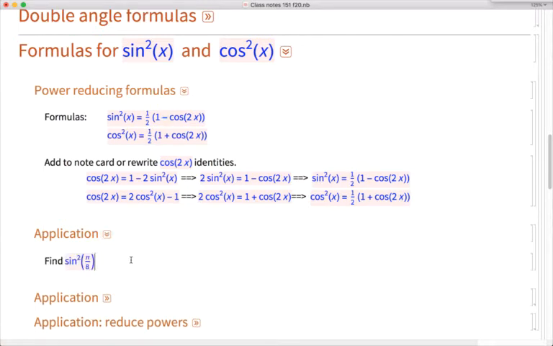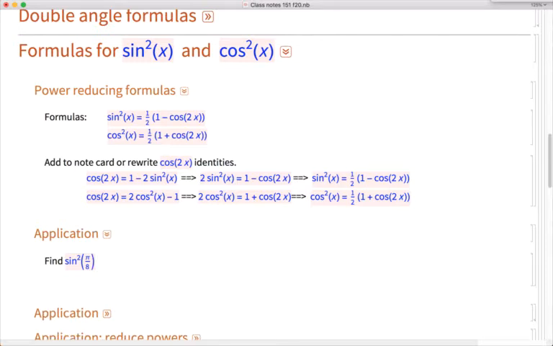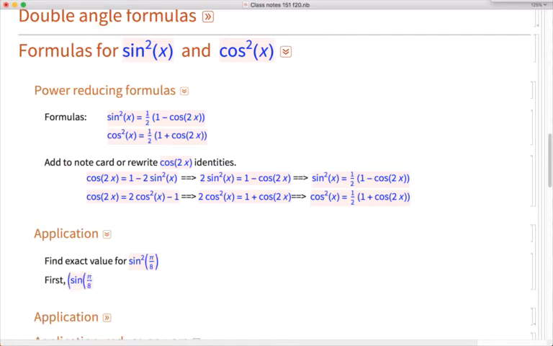Okay, so a couple applications. Find sine squared pi over 8. Well, first, let me say, find exact value for sine of pi over 8.